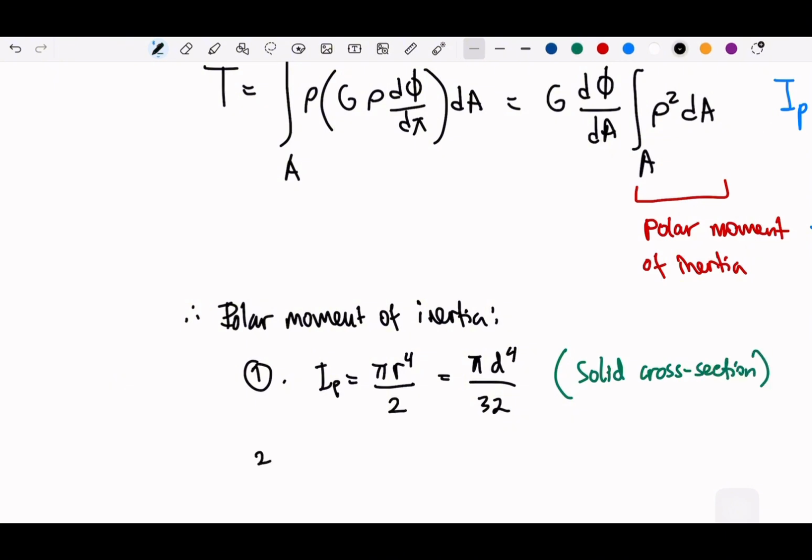Or if there is a hollow, then we can subtract the radius. So the polar moment will be pi over 2 times the outer radius to the power of 4 minus the inner radius to the power of 4, or we can use the diameter.